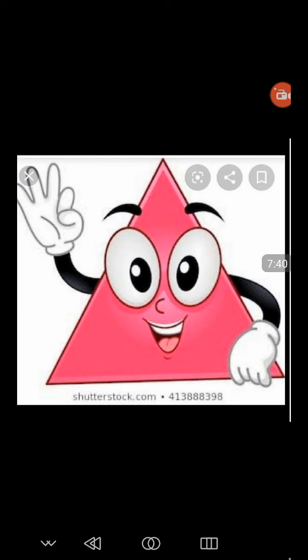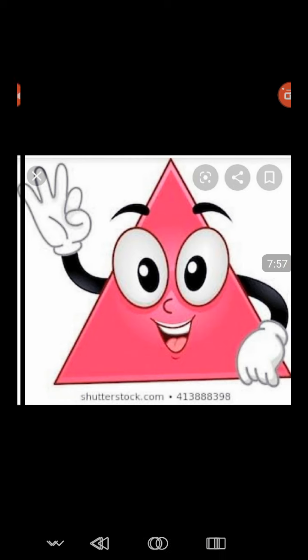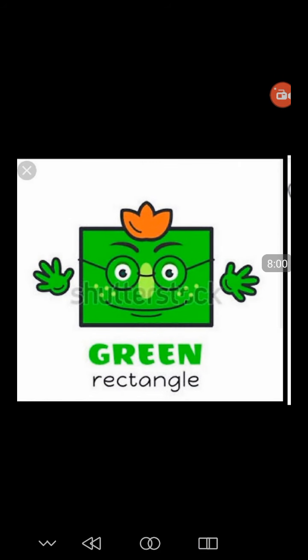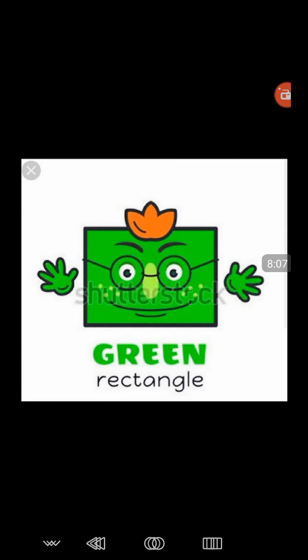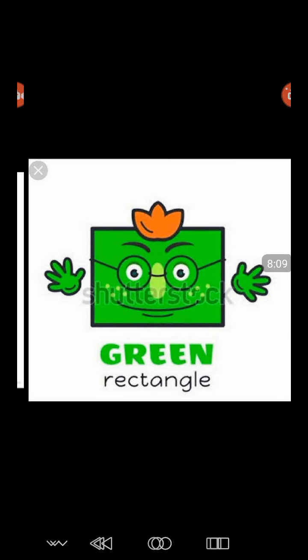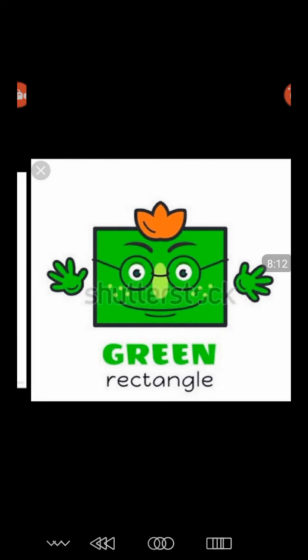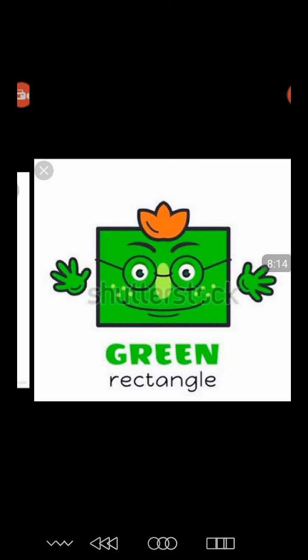This is a triangle. How can you tell? It only has 3 sides that join to make 3 points. It is a triangle. This is a rectangle. How can you tell? It has 2 short sides and it has 2 long sides. It is a rectangle.